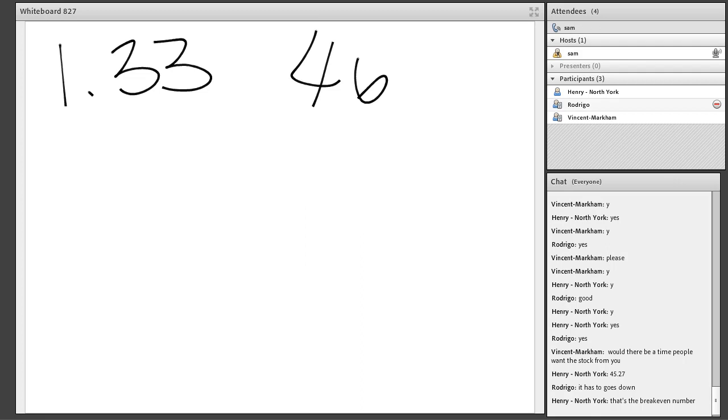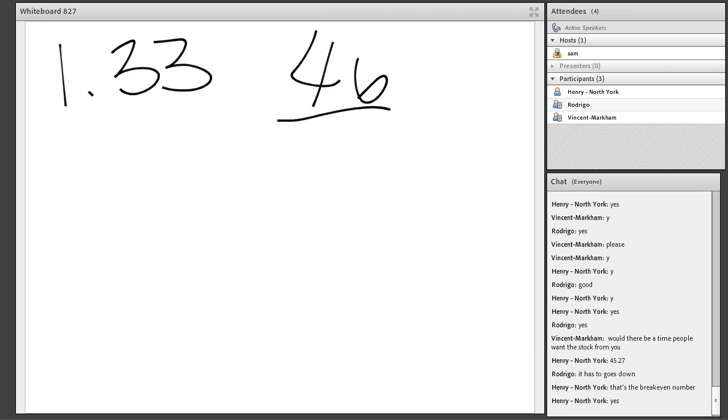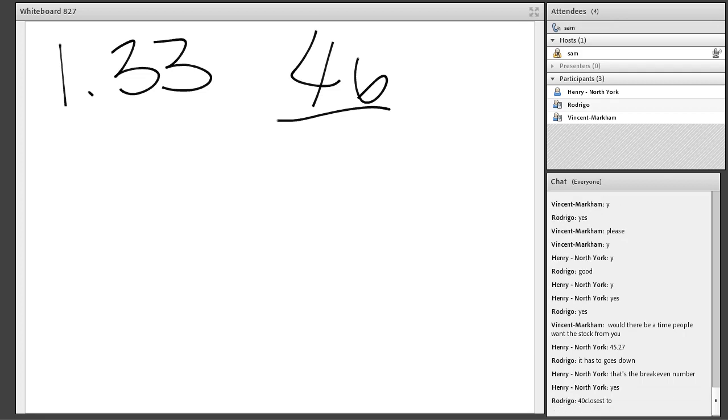They want to get the stock for less and make you buy it from them at $46. So if the stock goes down to, say, 40, they can buy it at 40 on the open market. They force you to buy it at 46. That's what a put option is. The break-even number would be the strike minus the 1.33.